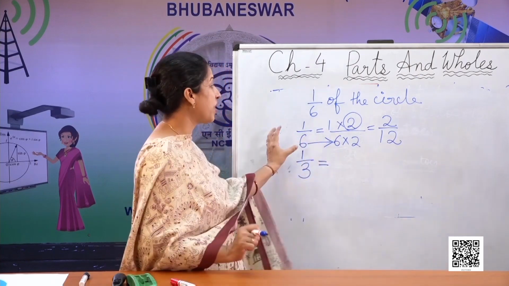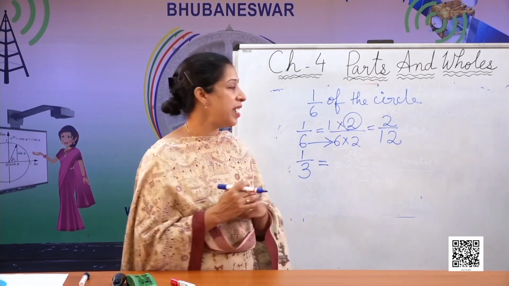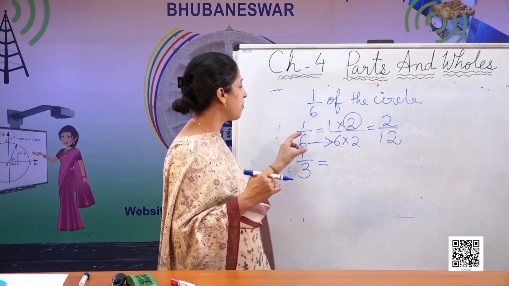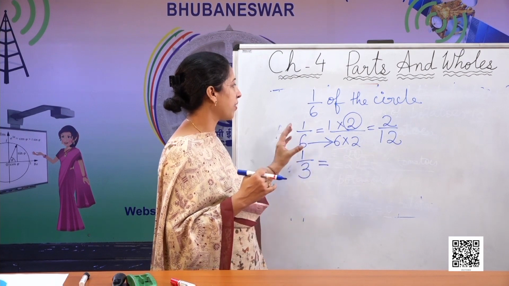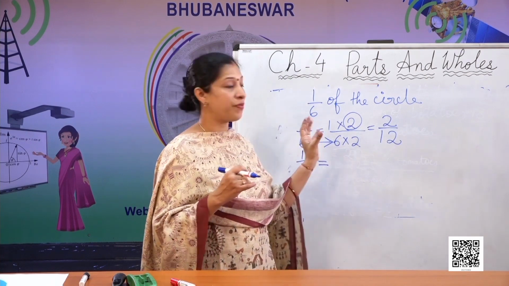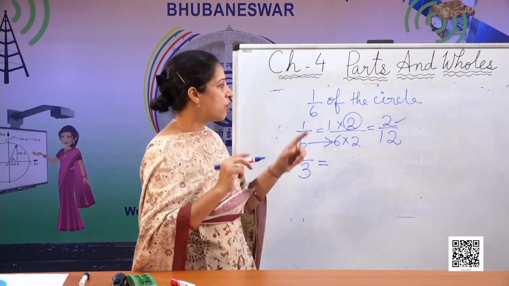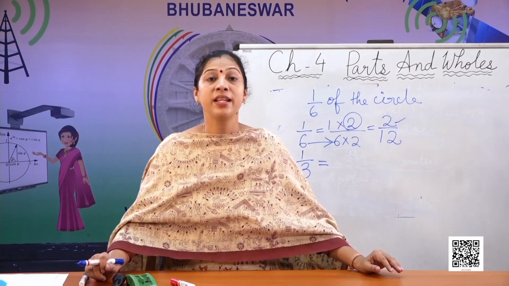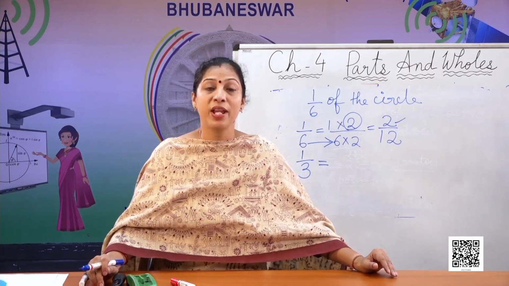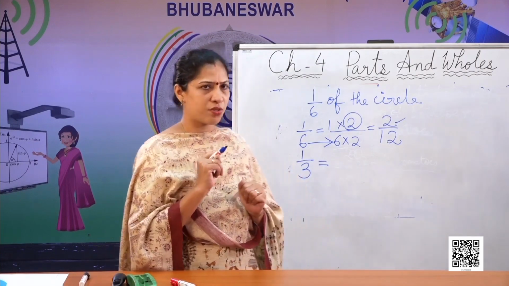Yes, here we are making them like fractions, because when we multiply the number on the top and the number on the bottom by the same number, we make equivalent fractions, and all of the fractions become like fractions. 2 by 12, 1 by 12, 3 by 12, 4 by 12, they are all like fractions, and when we convert to like fractions, it becomes very easy for us to color.